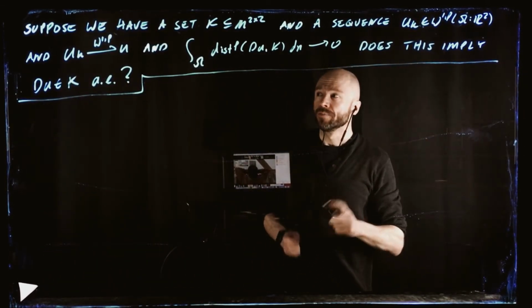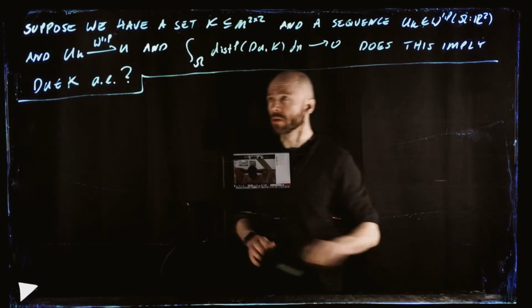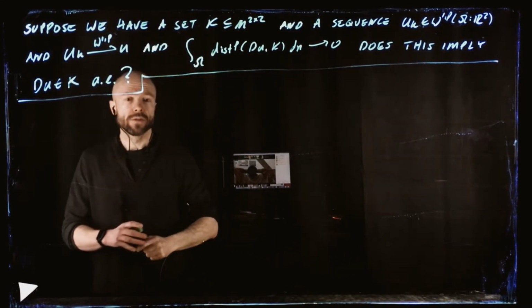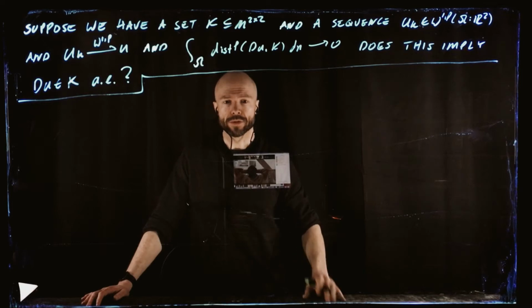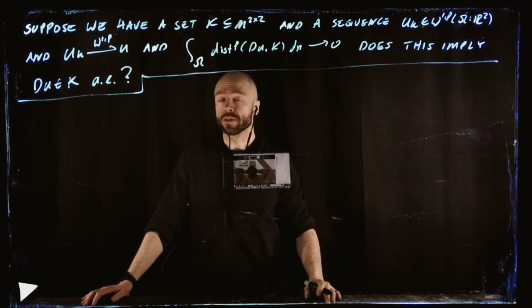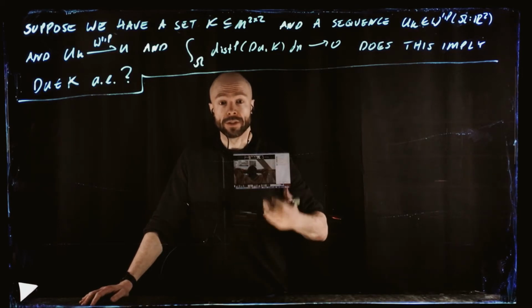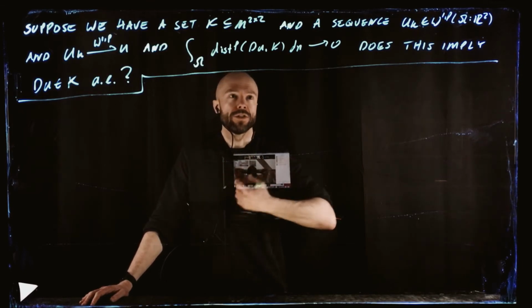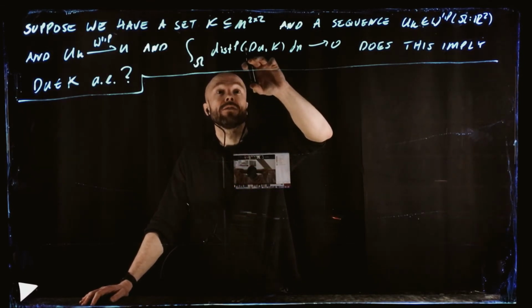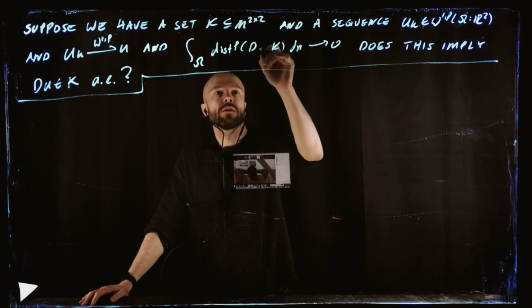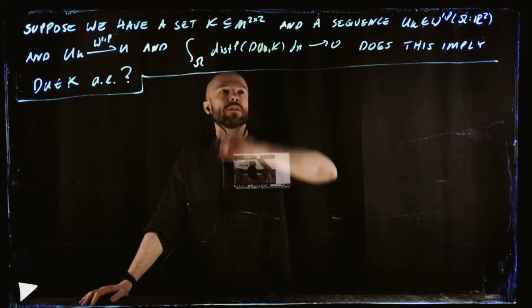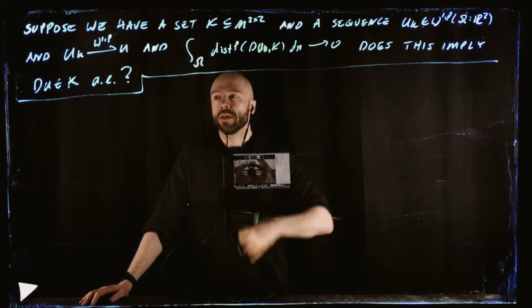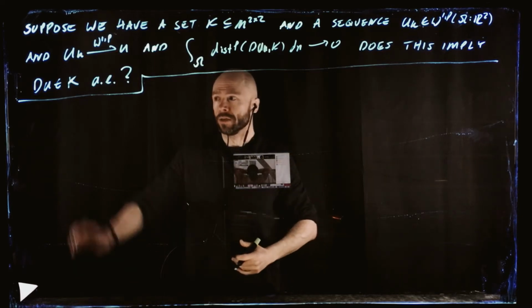Okay, so if we had strong convergence, then this would be true. But we don't. We have weak convergence. So our question is, does weak convergence allow this to be true? Can we show that the limiting function is forced to be inside this set K?